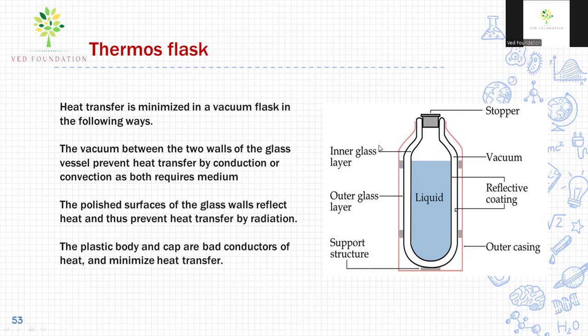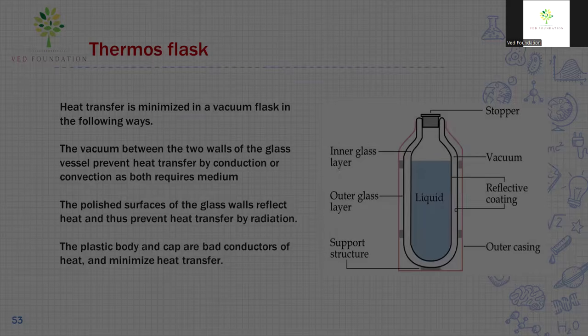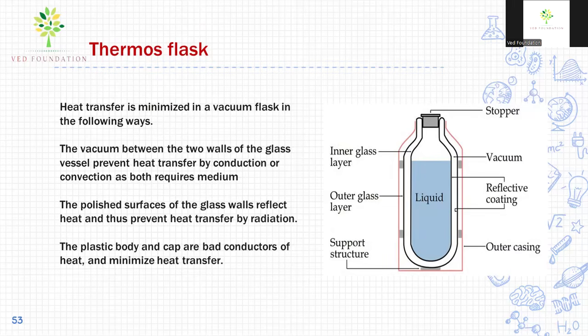The double-walled glass vessel is kept in a plastic container because plastic is a bad conductor of heat. So the plastic body and cap are bad conductors of heat and they minimize heat transfer. In this way, heat transfer is minimized in a vacuum flask, and that's why hot substances remain hot and cold substances remain cold for a long time.